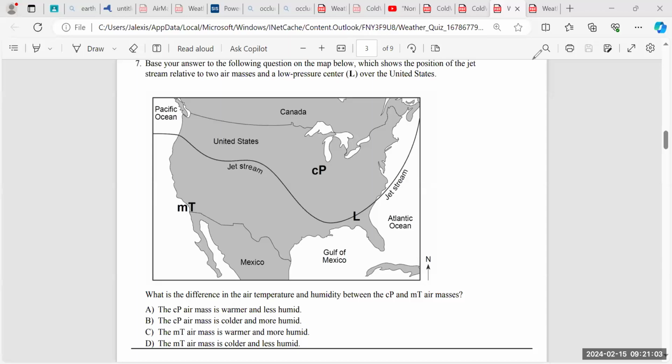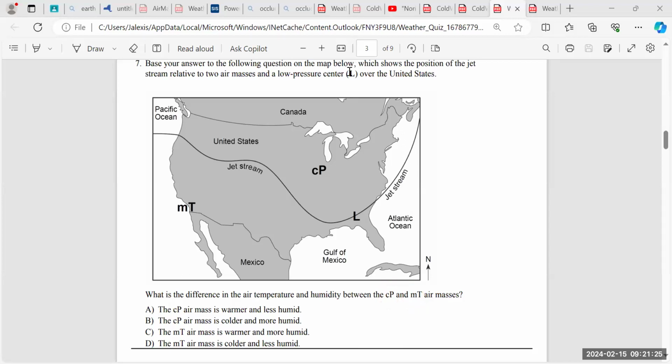Number 7 says, base your answers to the following question on the map below, which shows the position of the jet stream relative to two air masses and a low pressure center over the United States. What is the difference in the air temperature and humidity between the CP and the MT air masses?